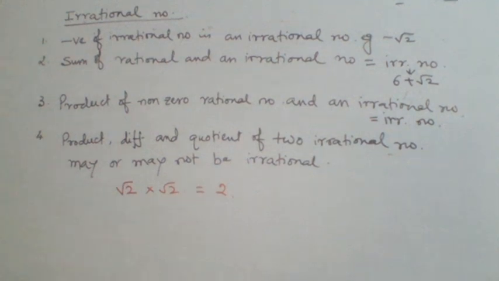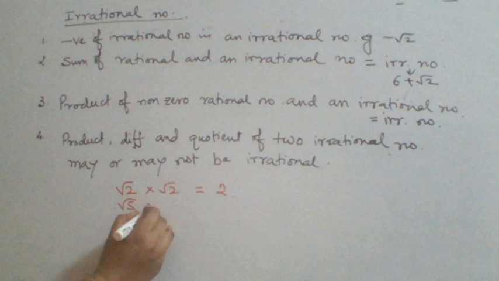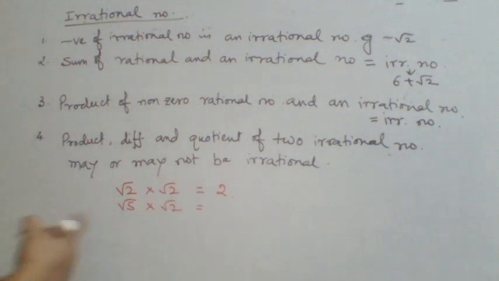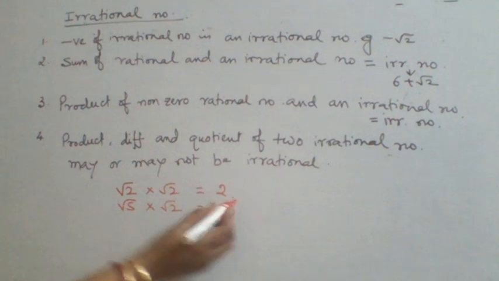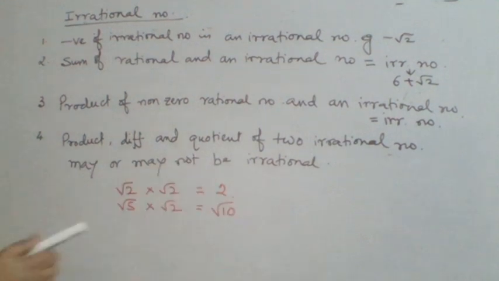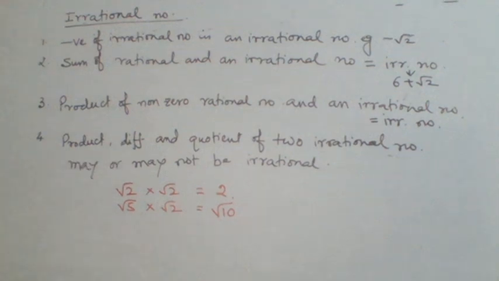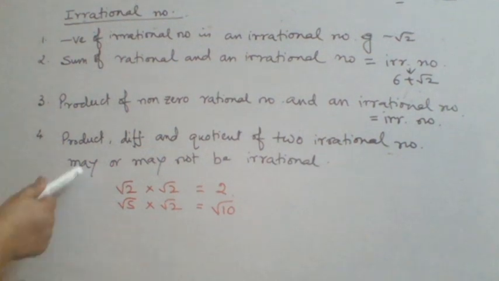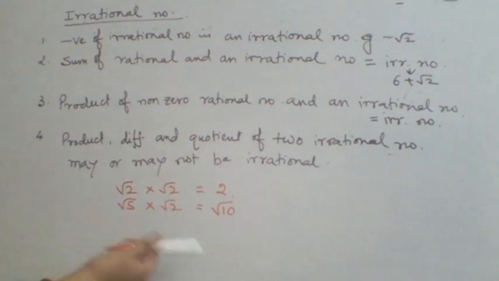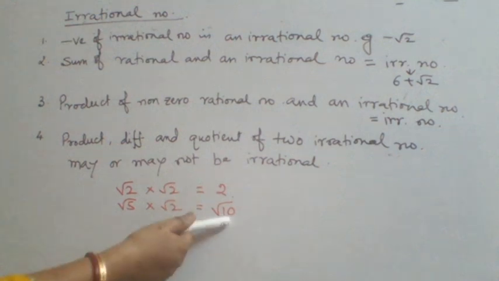But if you take root 5 into root 2, please note it down, these simplifications are very important, otherwise you will not be able to do the next part, that is rationalizing the denominator, that is root 10. So the product of two irrational numbers may give you a rational number, and here it gives you an irrational number.